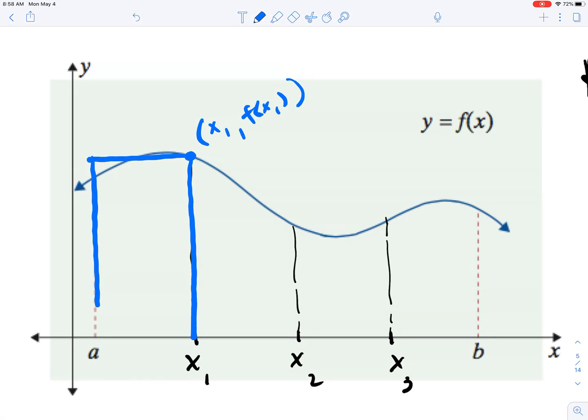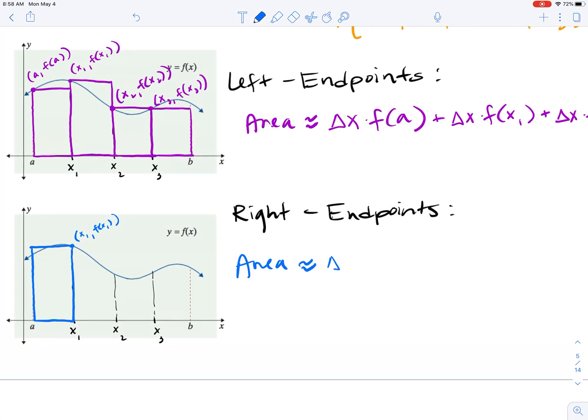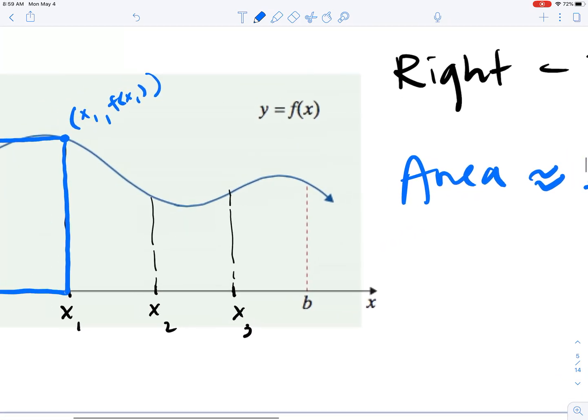So that point on the curve would be x sub 1 comma f of x sub 1. So f of x sub 1 is going to correspond to the height of the first rectangle. So the area of that first rectangle would be delta x times f of x sub 1.